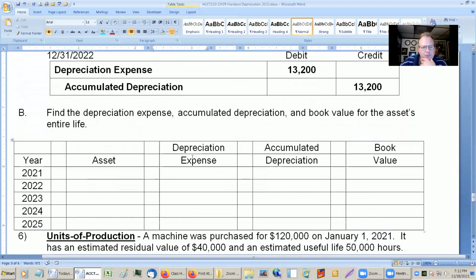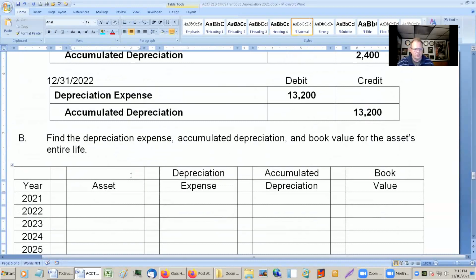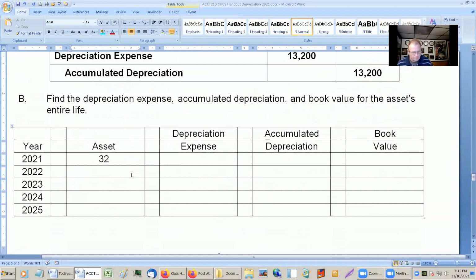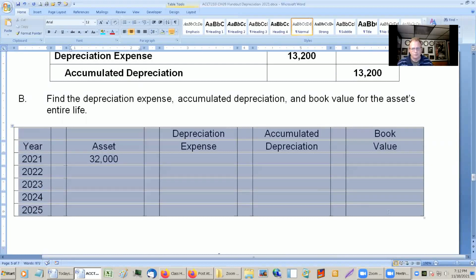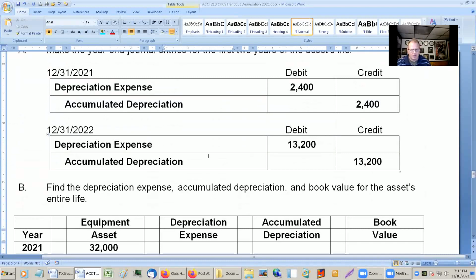Okay, coming down here. All right, the asset was 32,000. That'd be the same every year. Depreciation expense 2,400 and 13,200.